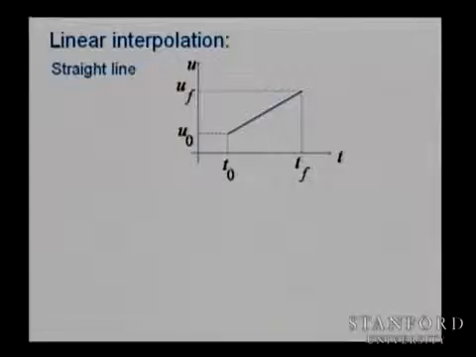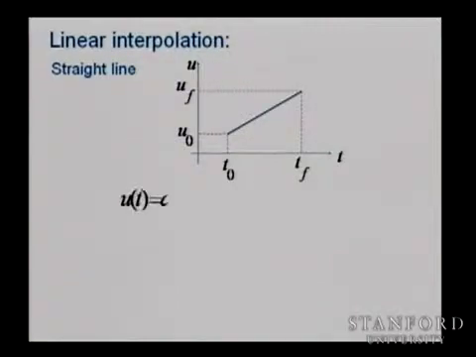So we'll move to linear now. Linear interpolation, a straight line, right? We have starting time t sub 0, goal time t sub f, position at the beginning u sub 0, position at the end u sub f, and that's it.